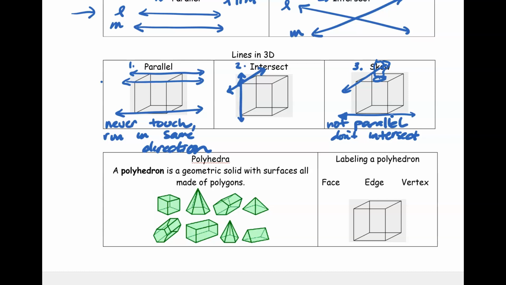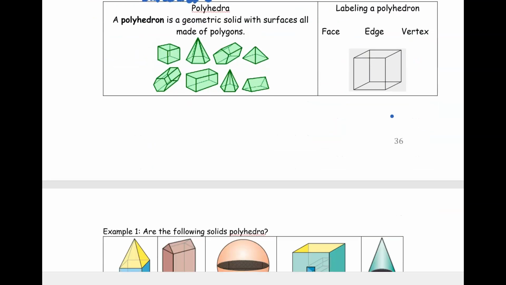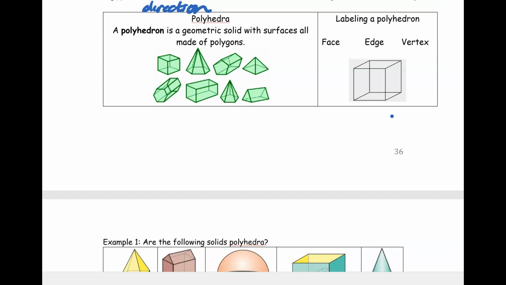Then look down at the floor, maybe in another place where you see a line where the wall and the floor meet, and you could probably find two lines that aren't going in the same direction but are never going to meet because one is against the floor and one is on the ceiling, and so that would be skew. So hopefully that makes some sense. It's definitely easier to explain in person, but let me know if you have questions.